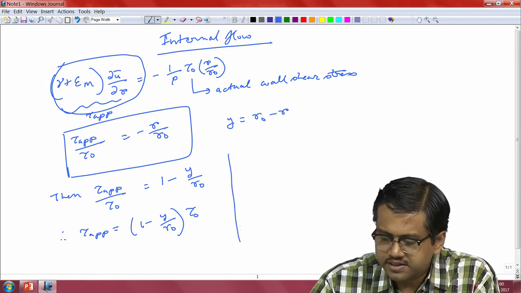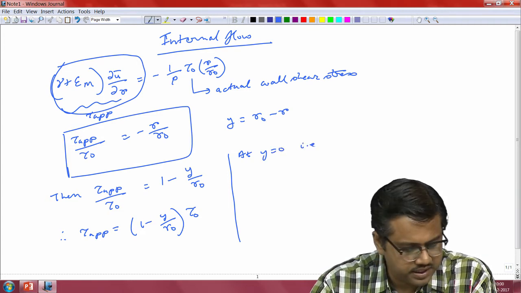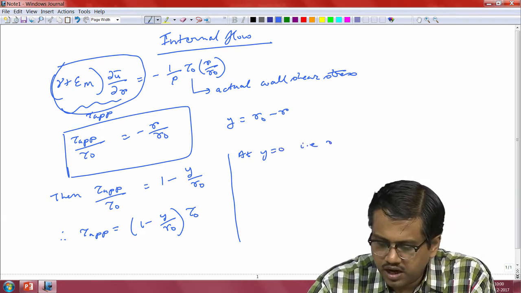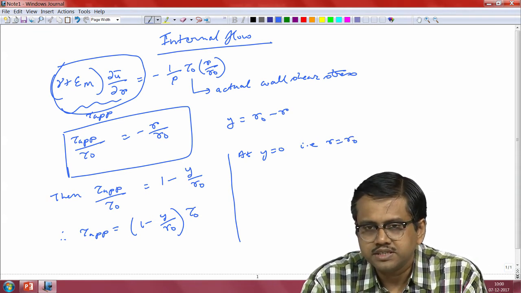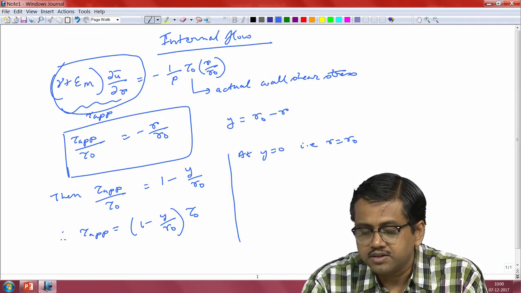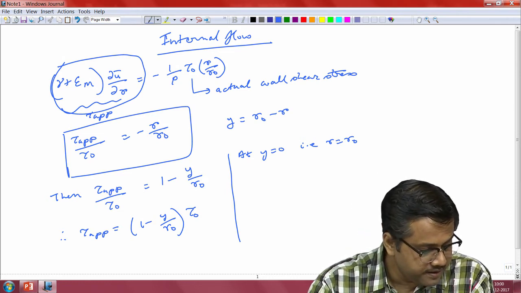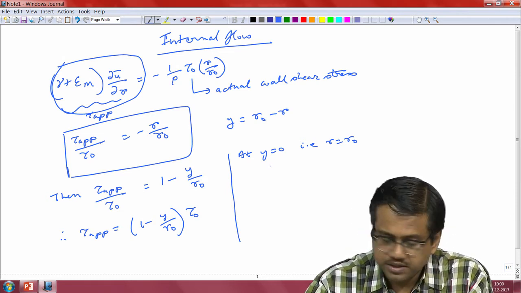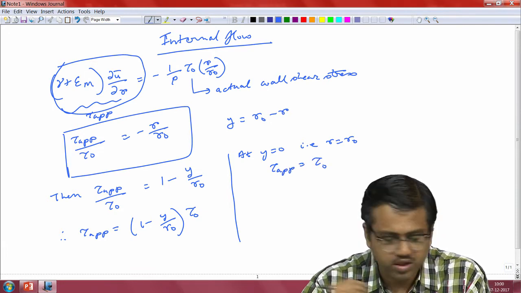So, at y equal to 0, that is r equal to r naught. So, it is just reversing the axes. So, that means now the y is 0 at the wall, where r is equal to r naught. So, at y equal to 0, the tau apparent is nothing but the tau wall.